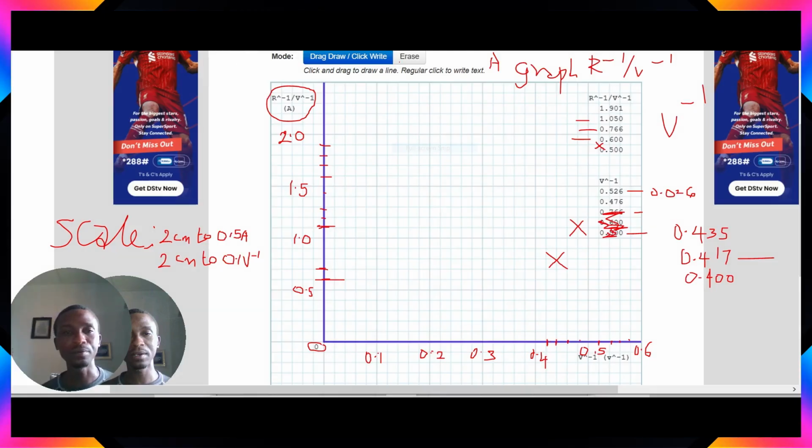Then the next value is when our inverse, when our ratio is 0.6, and here is where is 0.6, and the corresponding value of the voltage at that moment is 0.42, and there is 0.42.